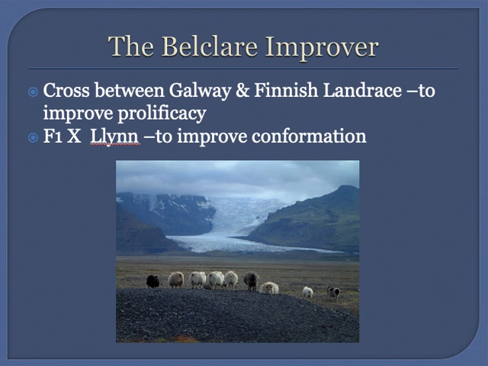This brings us to Belclare Improver. So I mentioned that there were also crossbreeds. The Belclare Improver was brought in by Teagasc, crossing the Galway sheep. They wanted to improve the quality, the genetic quality of the Galway sheep, our only native breed. So they crossed it with a Finnish landrace, and that was to raise the prolificacy in the ewe.